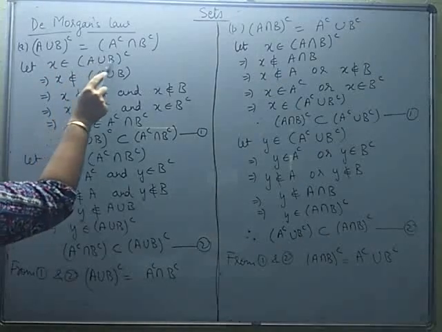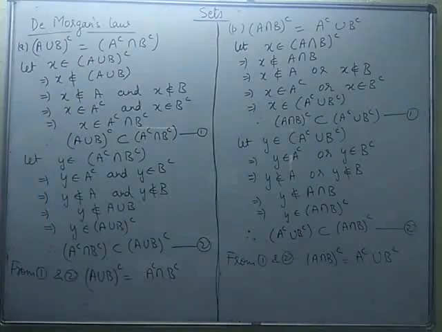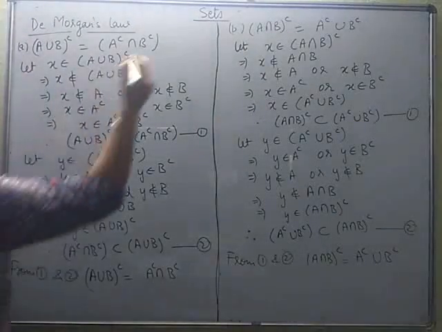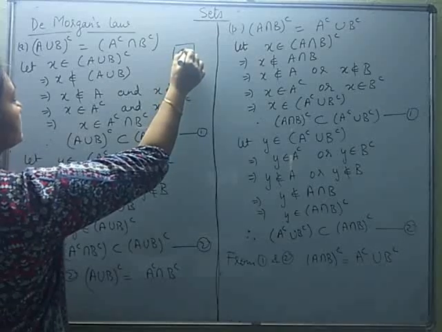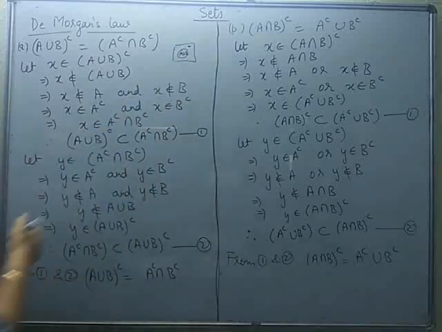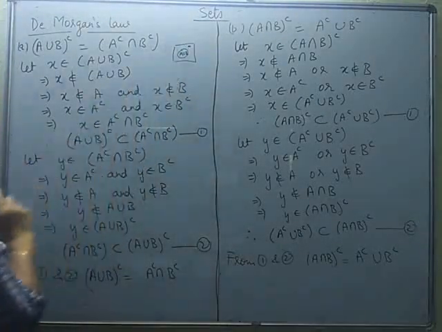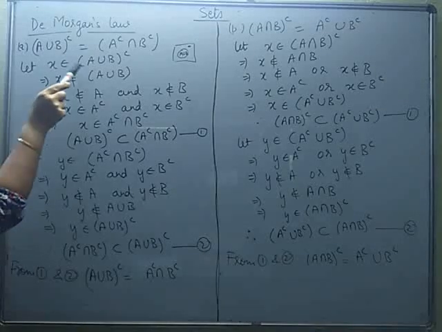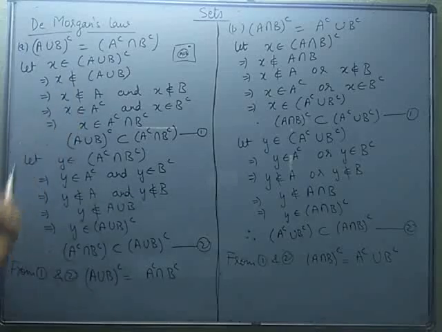If X belongs to the complement of this set, that means X will not belong to the set A union B. You can quickly perceive, suppose this is A union B, and when I say it is in the complement, that means it is here. The element X is here. So if X is here, it will not be in A union B. So when I assumed X belongs to the complement of A union B, we can surely say X does not belong to A union B.